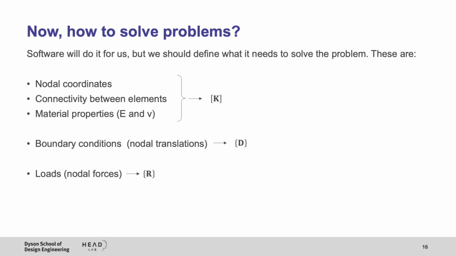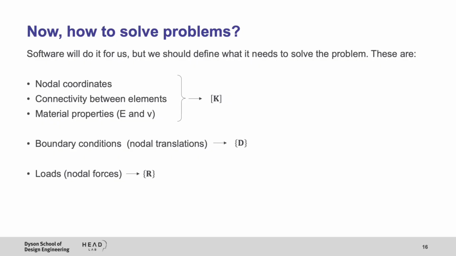Well, so far we have seen a bunch of theory, but how do we solve problems? No worries, software will do it for us, but we should define what the software needs to solve the problem. What we need to give to the software when we're using solid elements are nodal coordinates, which are generated when we do the meshing, as well as connectivity between elements, and material properties.